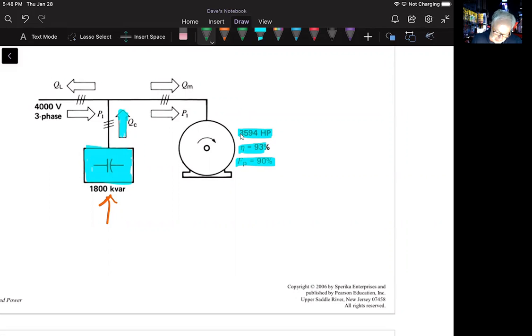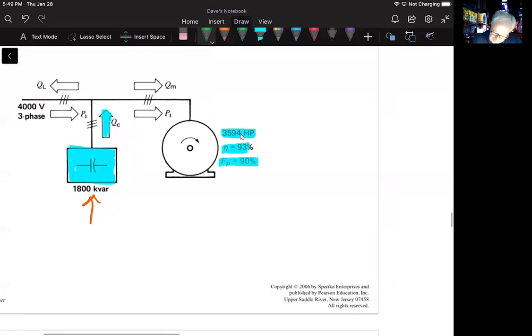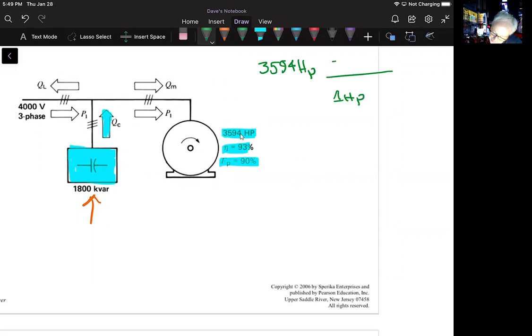First thing says, what is the active power absorbed by the motor? Okay, well, first thing we might want to do here is take 3,594 horsepower. We want to recognize that 1 horsepower is equal to 746 watts.